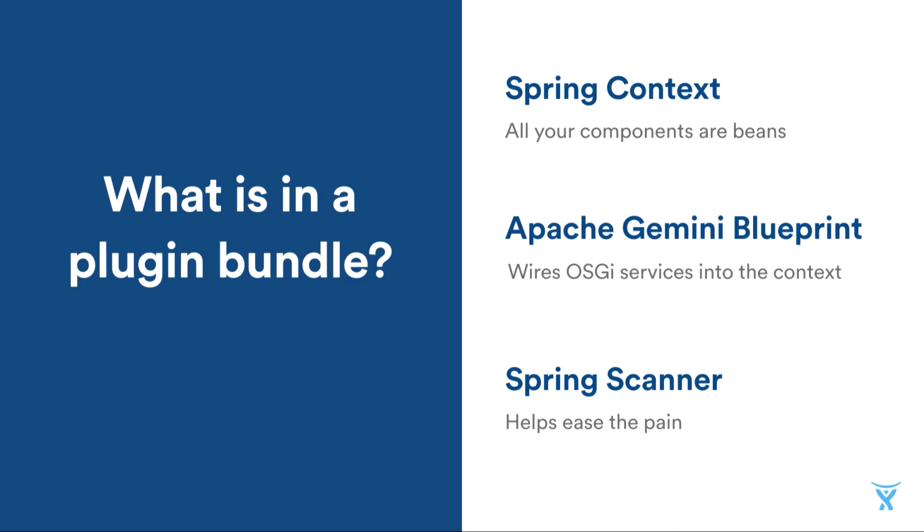So the Spring Scanner is the tool that we use to try and hide some of that boilerplate complexity from us. Using simple annotations, component import, we specify what we'd like to make available, and we allow that Spring Scanner to generate the manifest for us. It's not perfect.